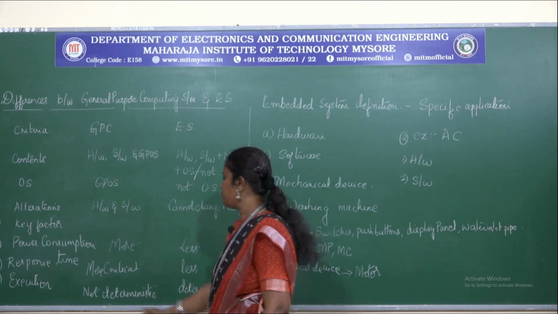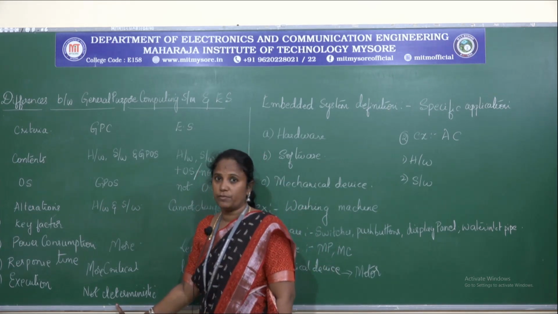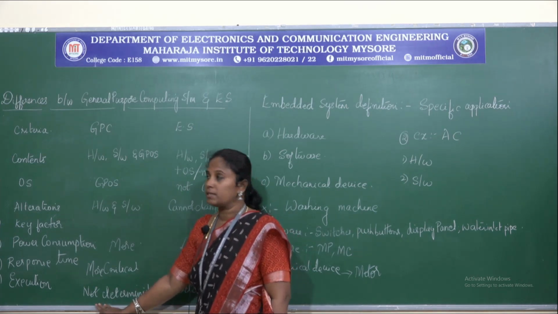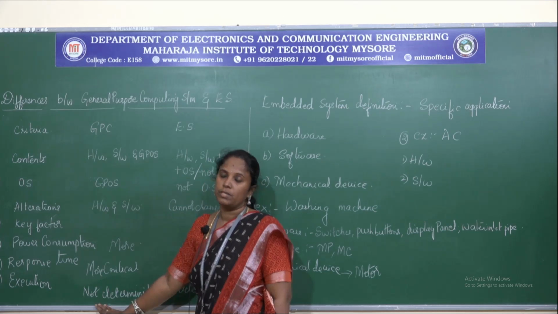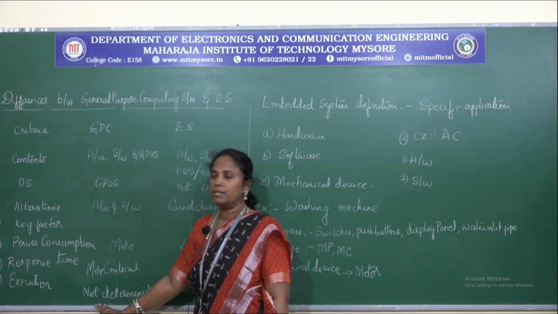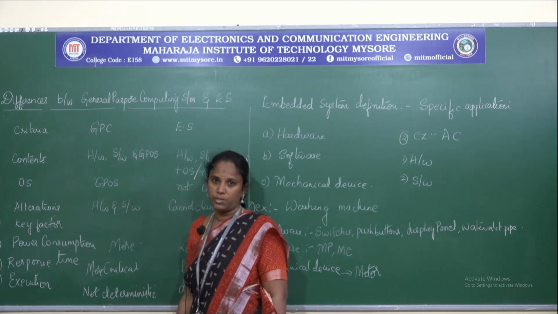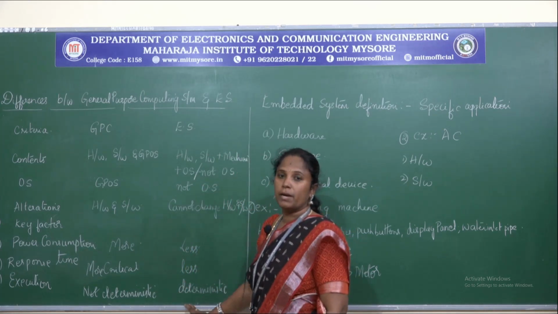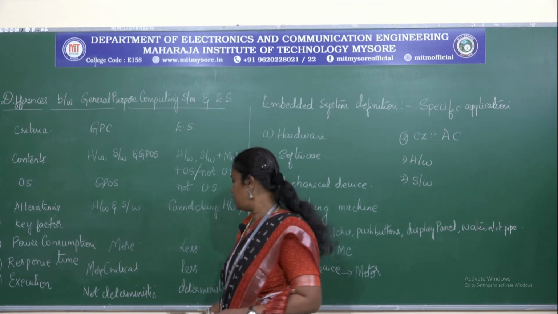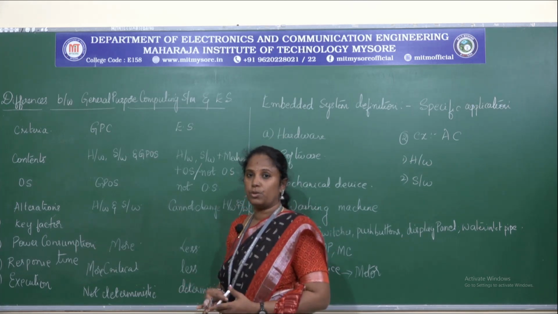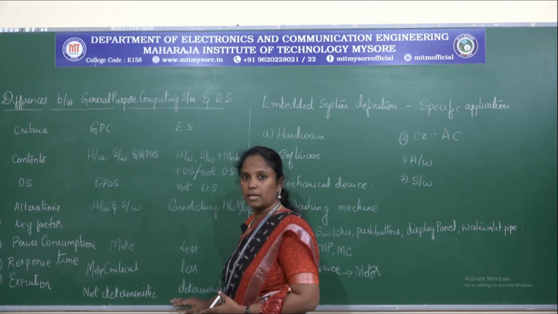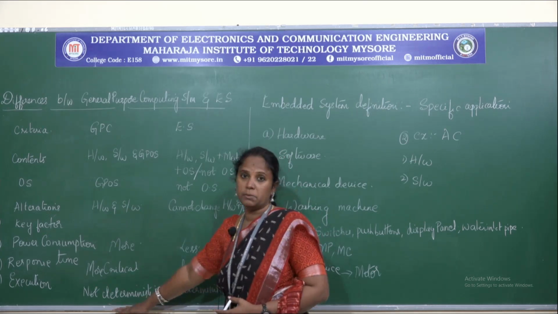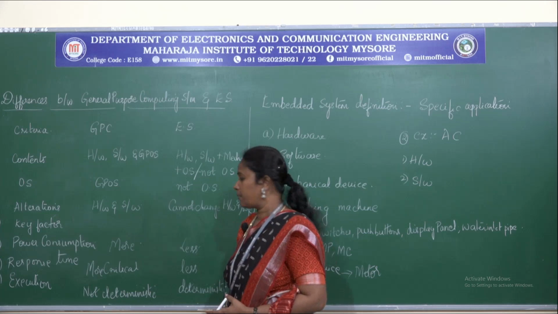That means there are chances that your system might not work properly in the case of your general purpose computing system. But in the case of an embedded system, your system has to work properly. That means it has to complete its task properly. That is what we call deterministic and not deterministic.